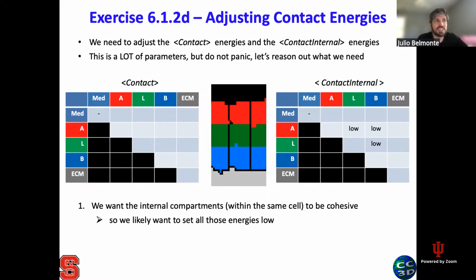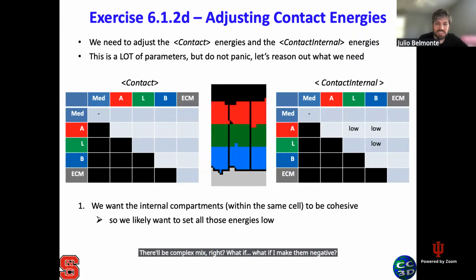So if I make them zero instead of low, they'll be completely mixed, right? What if I make them negative? If I make them negative, they become even more mixed.